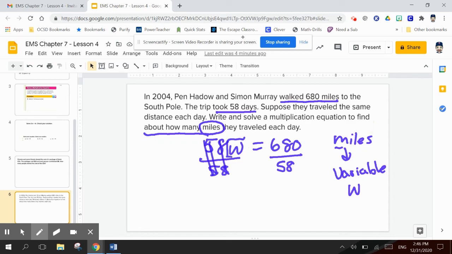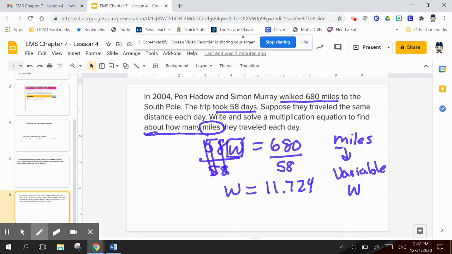I'm left with my variable W. I take 680 divided by 58, and I get 11.724, and it continues on.